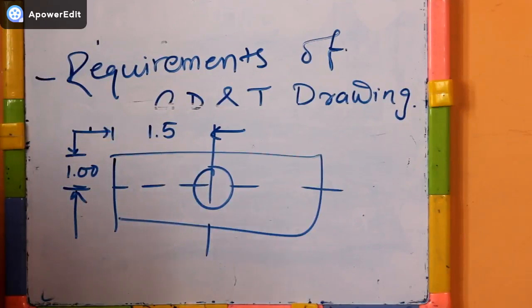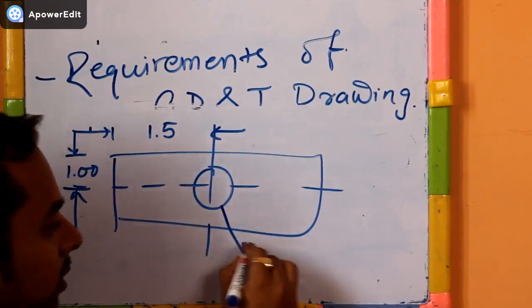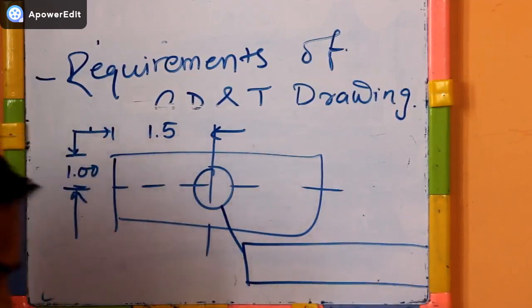Now we will define the diameter of the hole. The diameter of the hole can be defined in the feature control frame. So we will draw the feature control frame. This is the feature control frame.